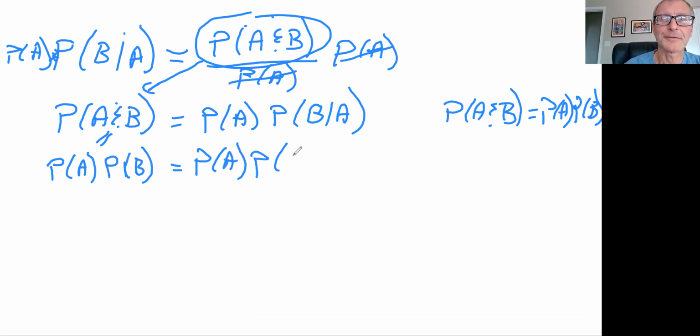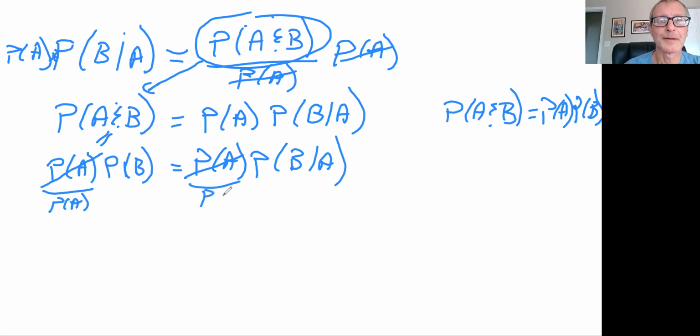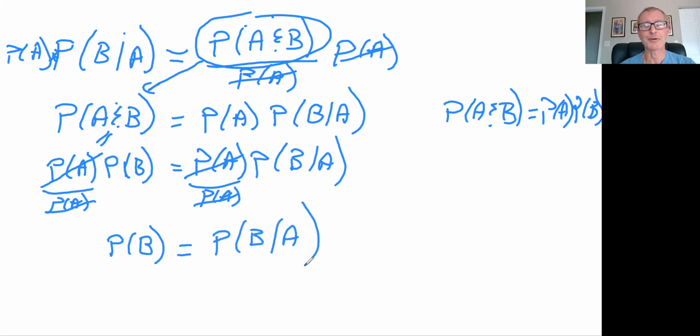So you see, if I rewrite this, you can see that these A's would end up canceling if I divide each side by P of A, right? So if two events are independent, what's interesting is the probability of B is the same as the probability of B given A happens, right? Because A is not supposed to affect B if they are independent.